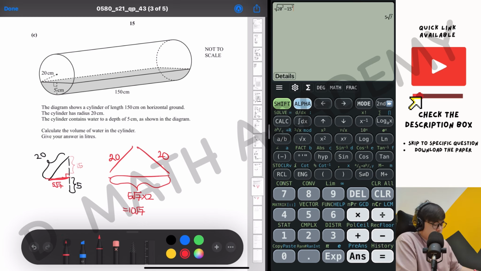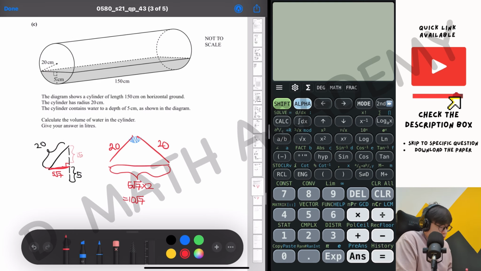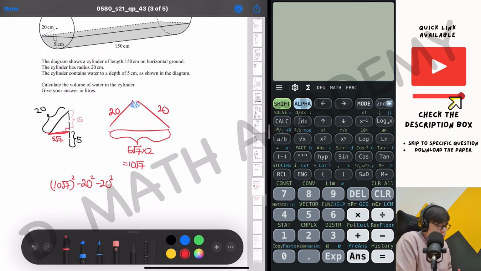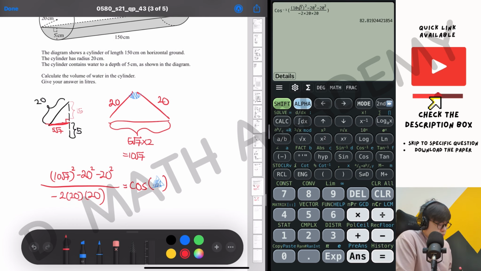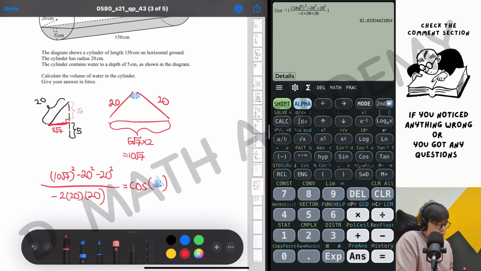Then you may use your cosine rule to trace the value of the angle at the center of this. So for this, we'll get the value of the angle as 82.8.